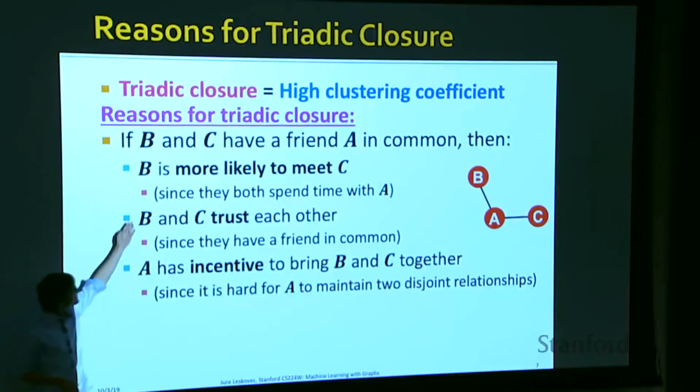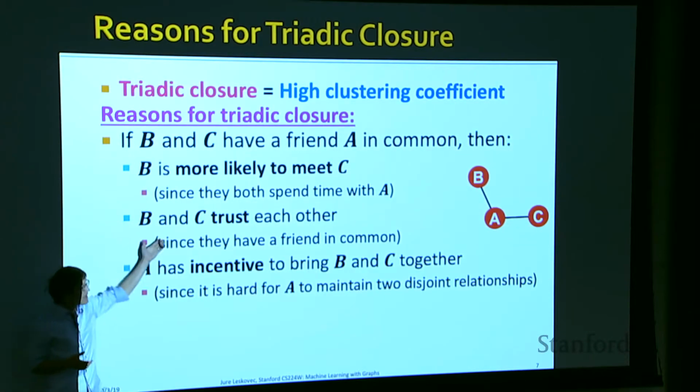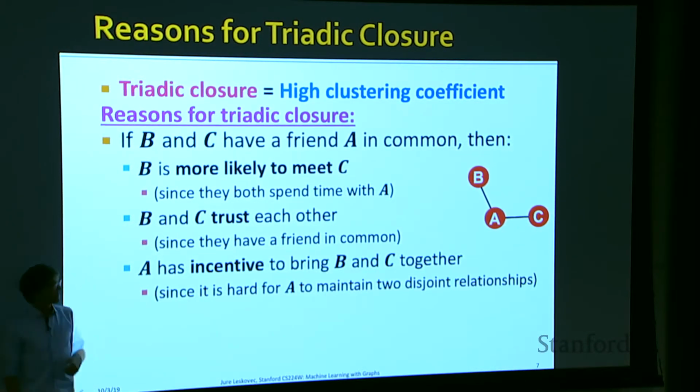First, A and C are more likely to meet because they have a friend in common. B and C will trust each other, again, because they have someone in common. And node A has an incentive to bring B and C together so all 3 of them can hang out, rather than friend A having to spend one afternoon with friend B and then another afternoon with friend C.